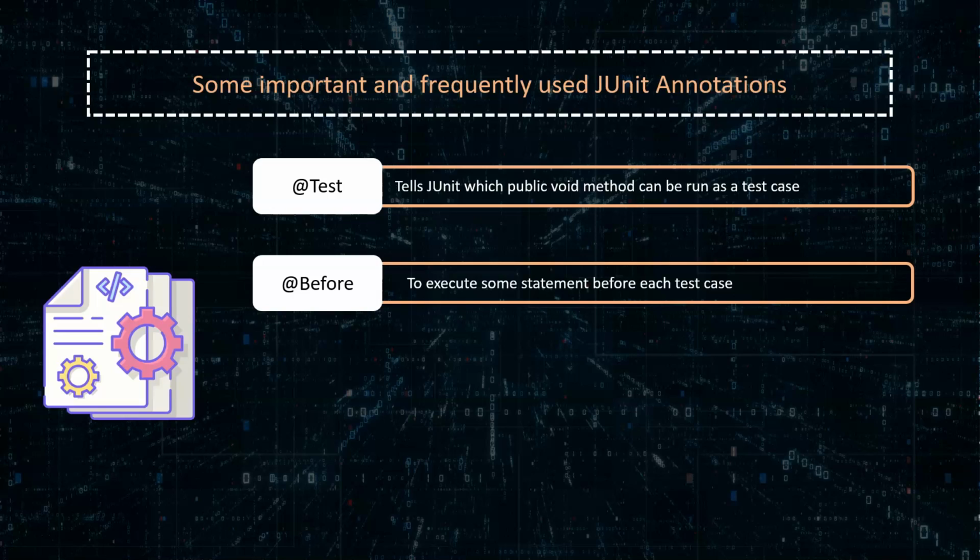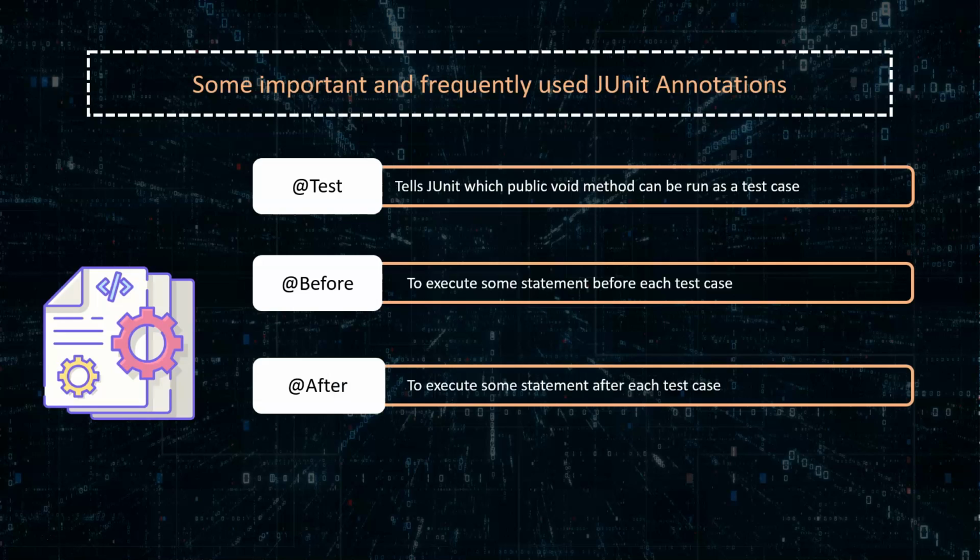Now @Before is something which is used to run some statements before each and every test case executes. Maybe some initial connectivity is something you can do with the help of @Before. @After is something which you can do after the execution of the test cases, like some statements which you want to execute after the test cases.